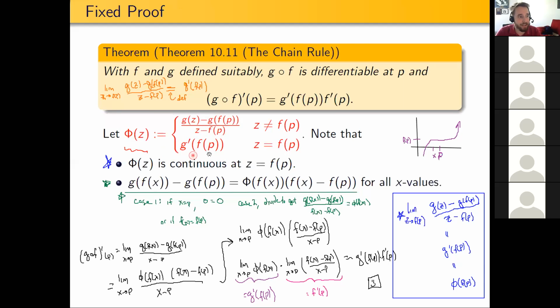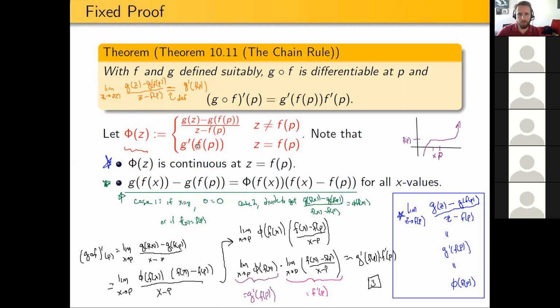Or I should say, this is the natural way to define this weird phi. It's defined this way so that the limit of phi as I get close to f of p will actually equal the value at f of p.